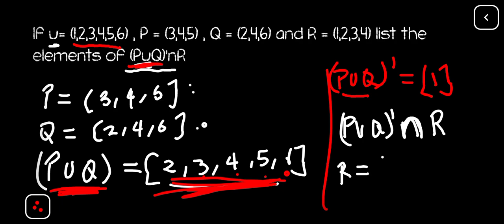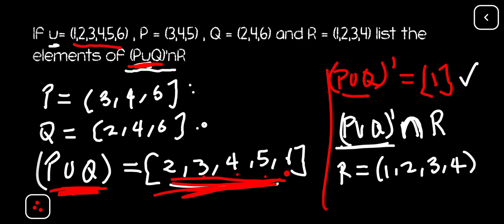R is 1, 2, 3, and 4. We already know that P union Q complement is this, right? 1. Now, intersection R means that we need to know the common element between the complement of P union Q and the set R. So what is common between P union Q complement and R?